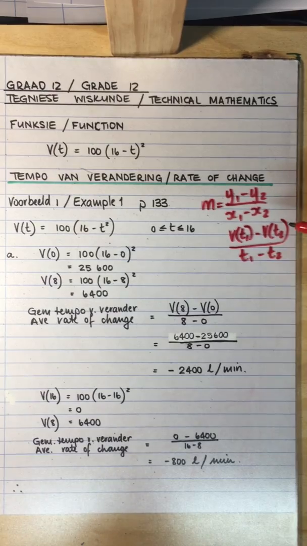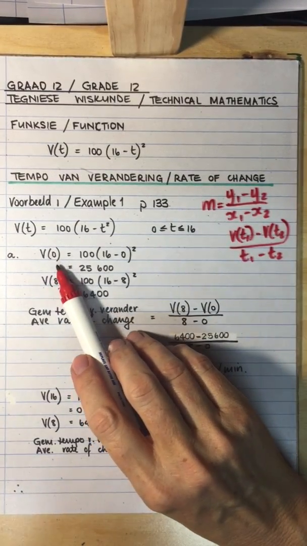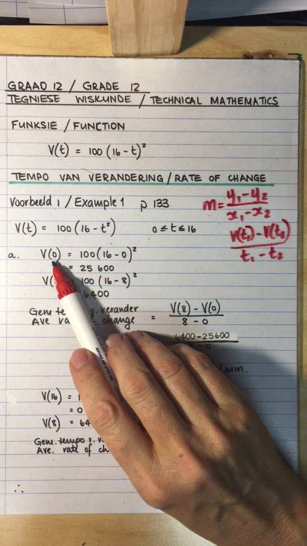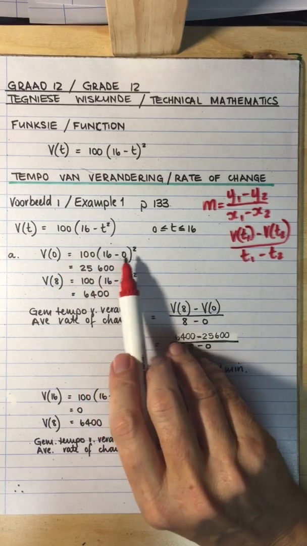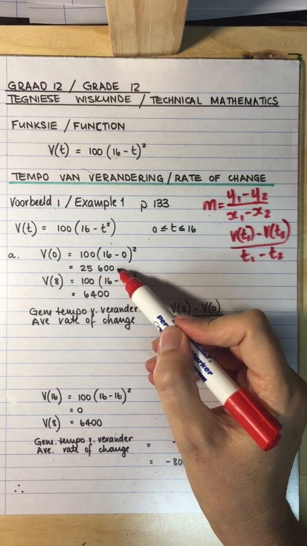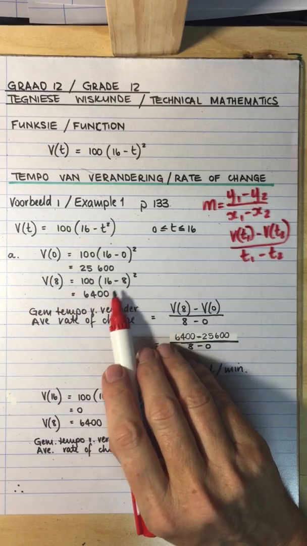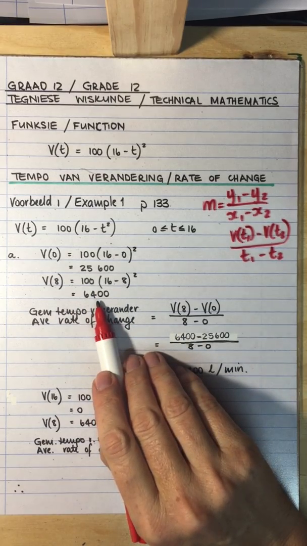We first need to calculate the volume at the beginning of the experiment when 0 minutes have passed. So we'll substitute the time with a 0. This is the volume inside of the tank. And after 8 minutes, we will substitute the 8 to find the volume at 8 minutes.